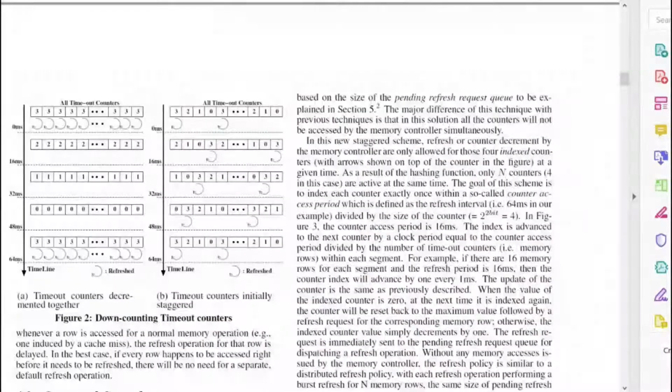To implement smart refresh, the controller maintains a counter for each row. For each row there will be a counter in the controller, and that counter may be stored as either a 2-bit or 3-bit value. When the counter value is 0, the row must be refreshed.